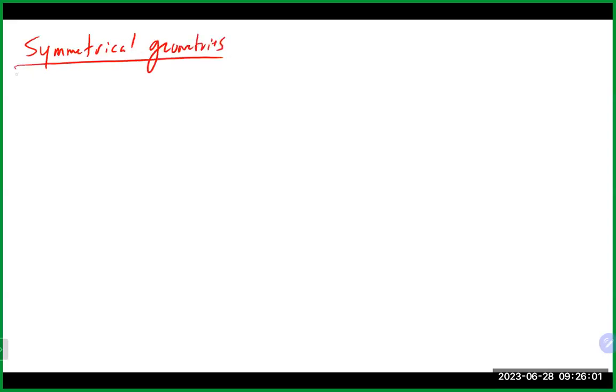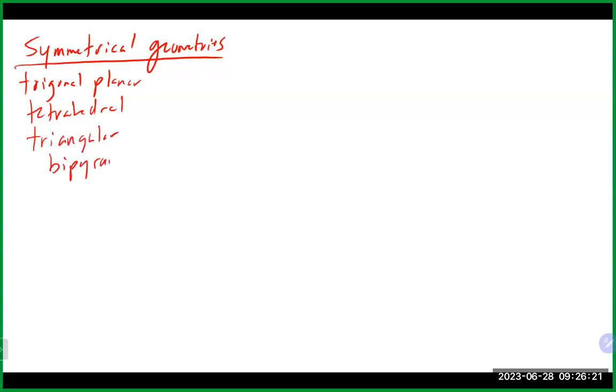And those are, for you guys, trigonal planar, tetrahedral. And again, these are molecular geometries. We're talking about the shape. Trigonal bipyramidal, and octahedral.